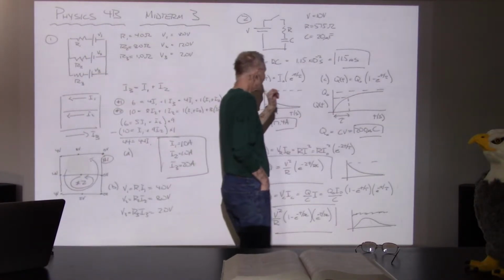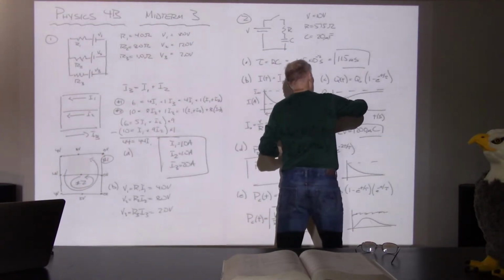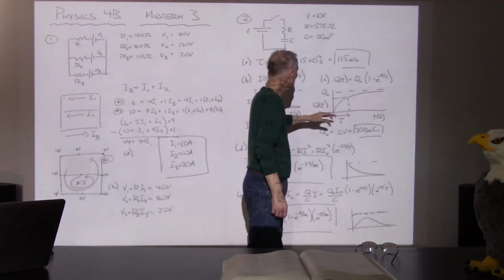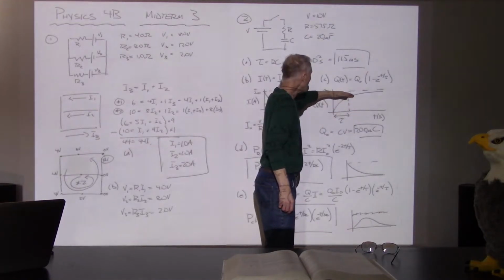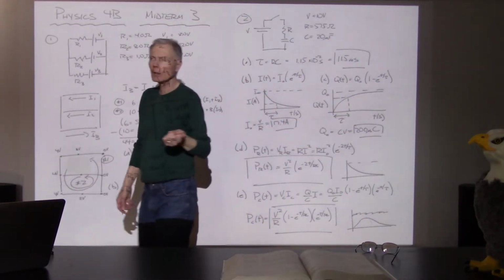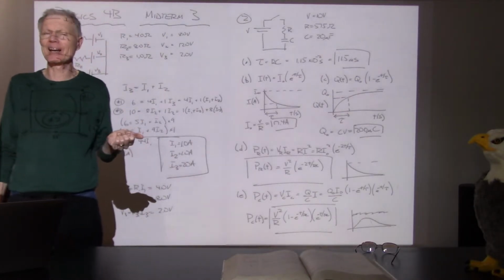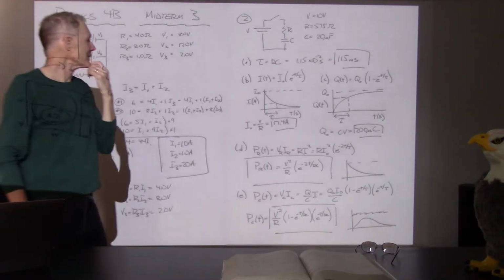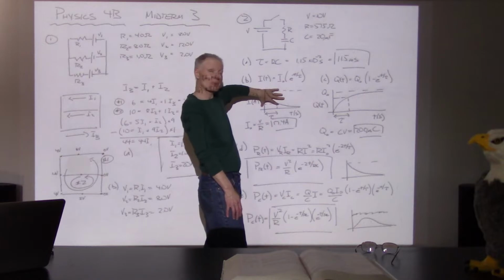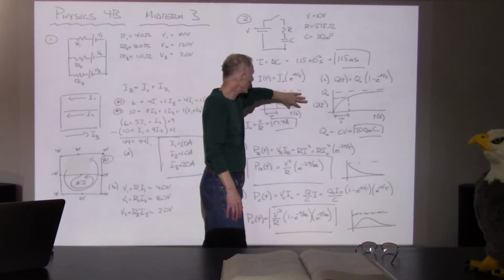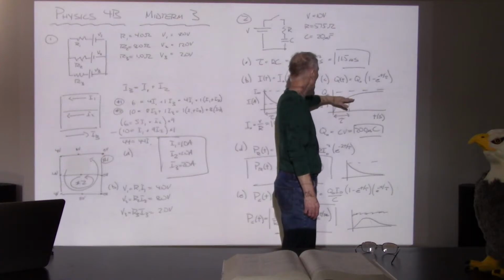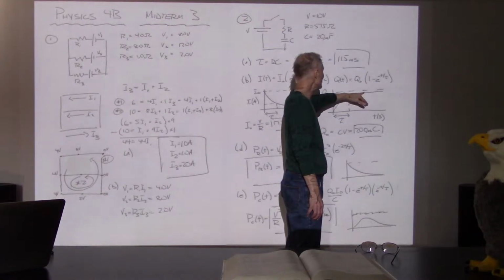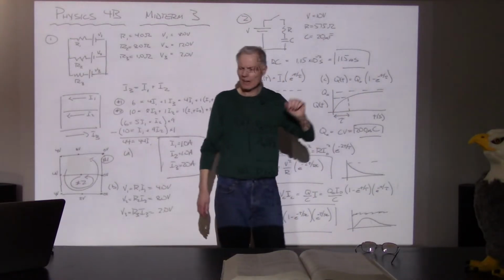If we're using the exponential approach to an asymptote, which is what charge is doing on the capacitor, that function during one time constant will grow to 63%. On the way down, one time constant is 37%, and then 14%, and then 5%. On the way up, one time constant takes us to 63%, two time constants takes us to 86%, three time constants takes us to 95%, I think.